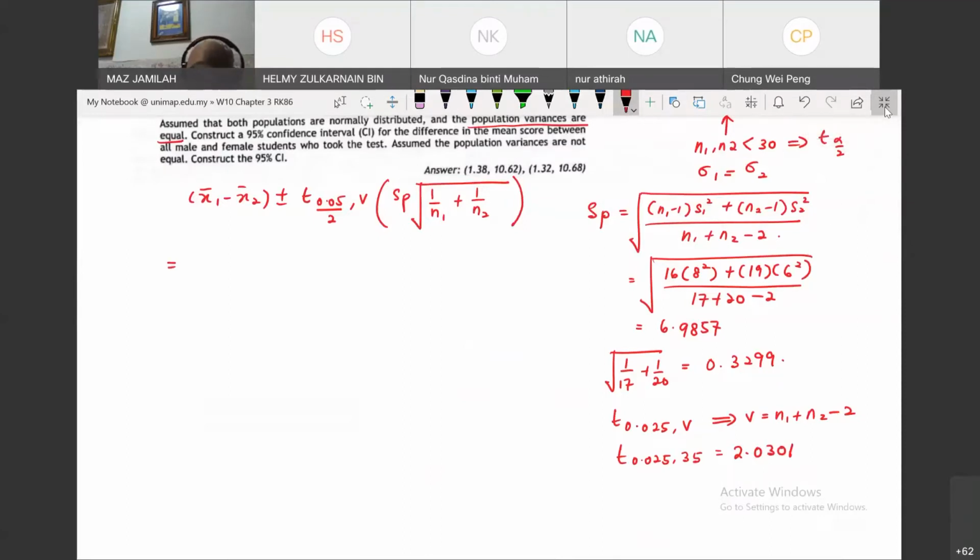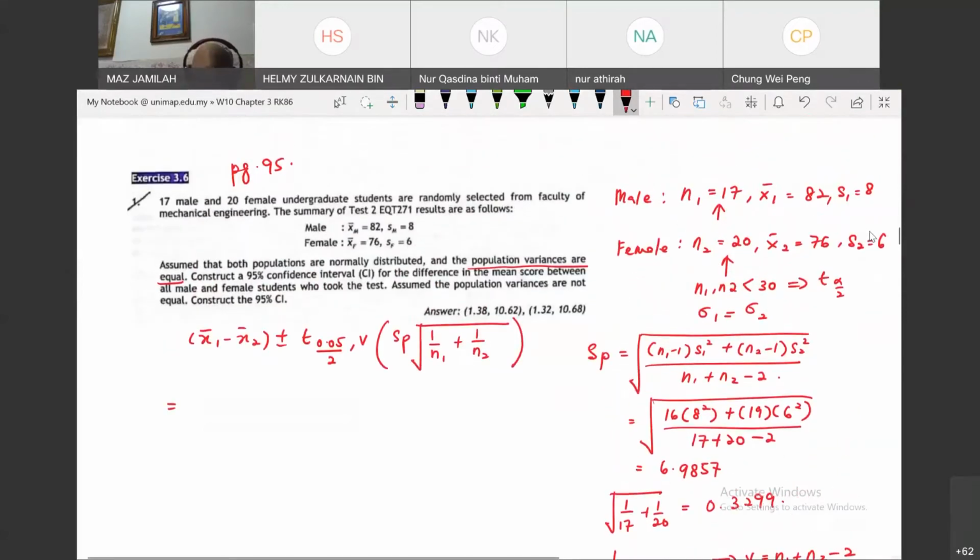So now put everything together. x bar 1 minus x bar 2, we have 82 minus 76, plus minus t alpha over 2, which is 2.0301. SP is 6.9857, and then the square root of this one is 0.3299.